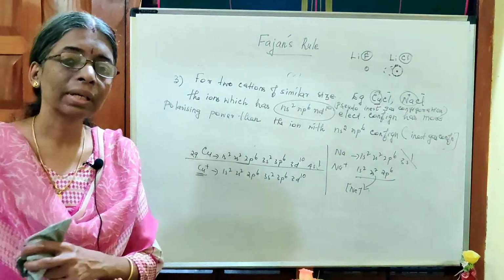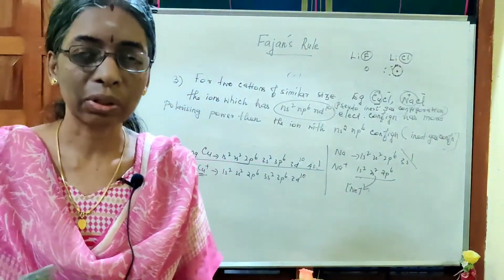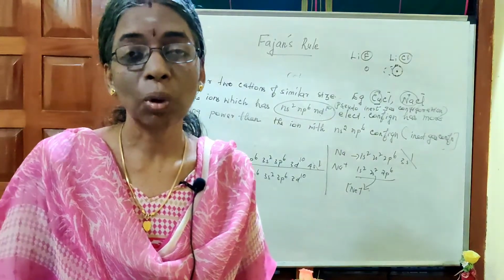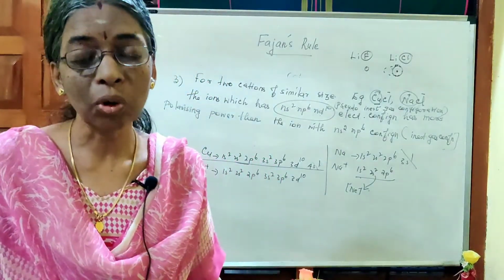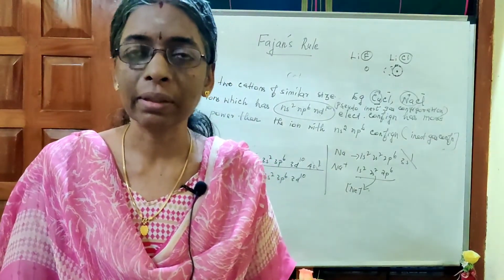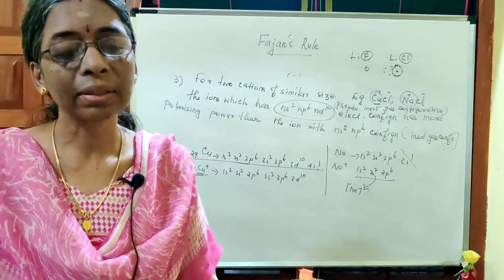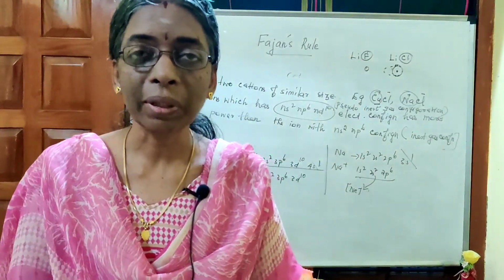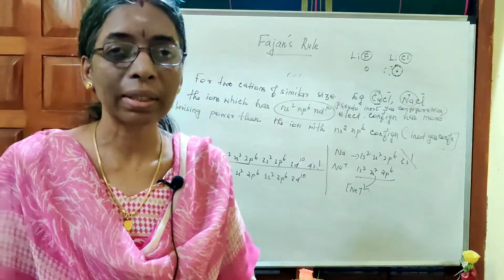Okay, so these are the three points in Fajan's rule. First one is: smaller the size of the cation, more will be the polarizing power. Second one is: larger the size of the anion, greater will be the polarizability.